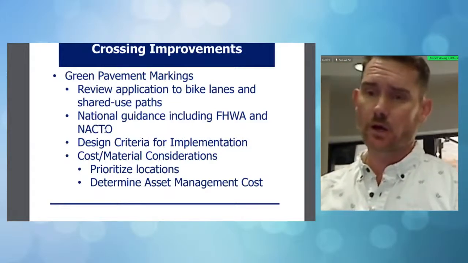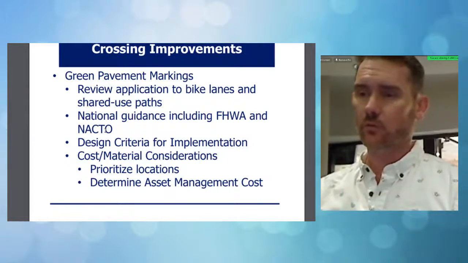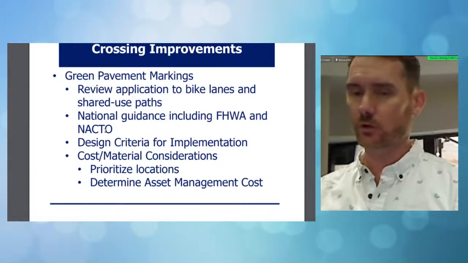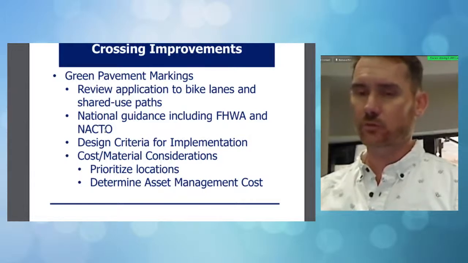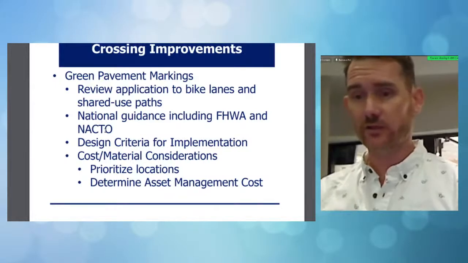And with that, we've got all sorts of different crossings of shared use paths and bike lanes across streets and driveways. We want to make sure that we can prioritize the locations with the limited funds that we have, and also identify ongoing maintenance costs to keep any markings that we have up.